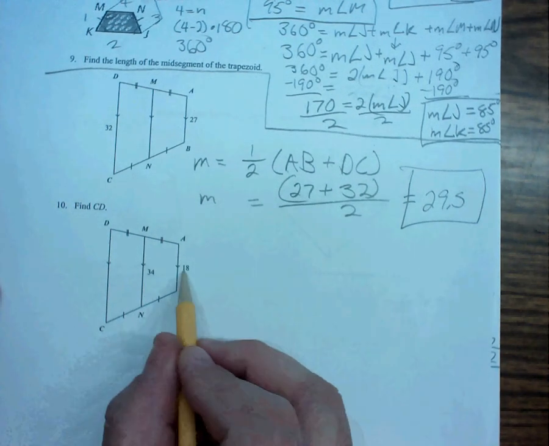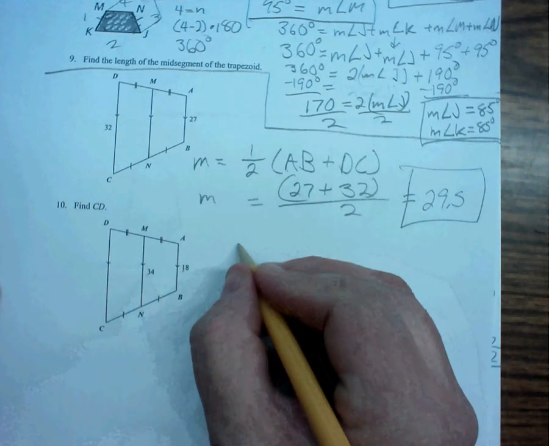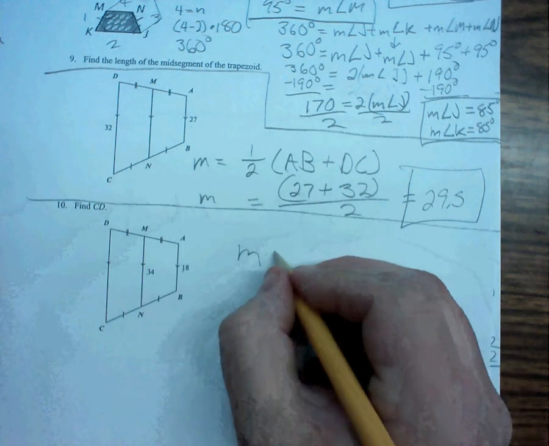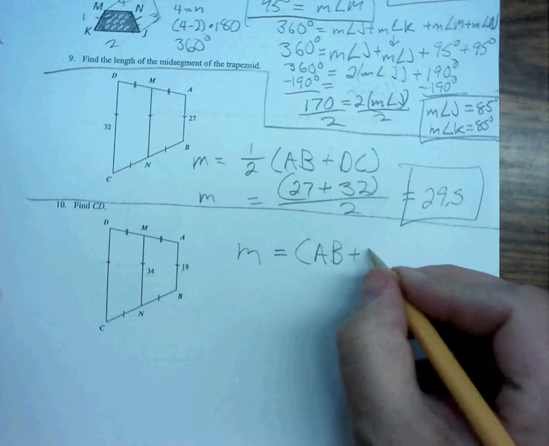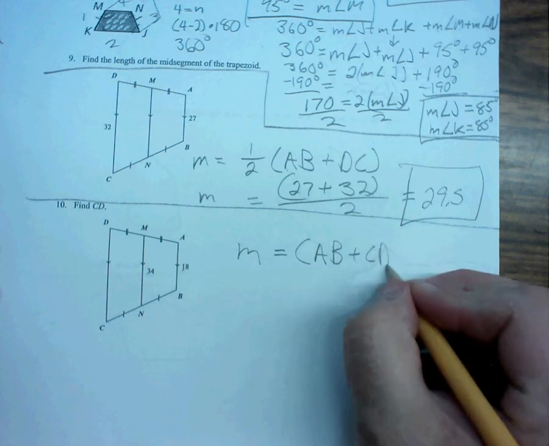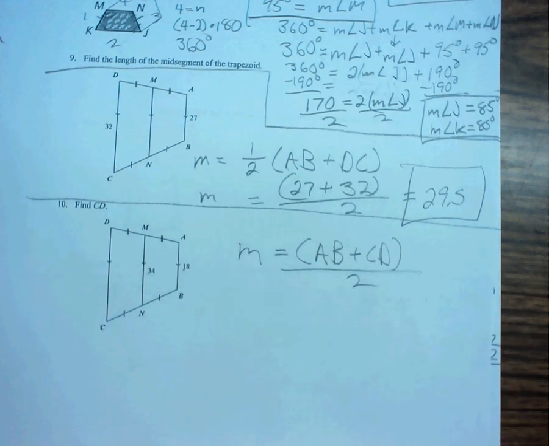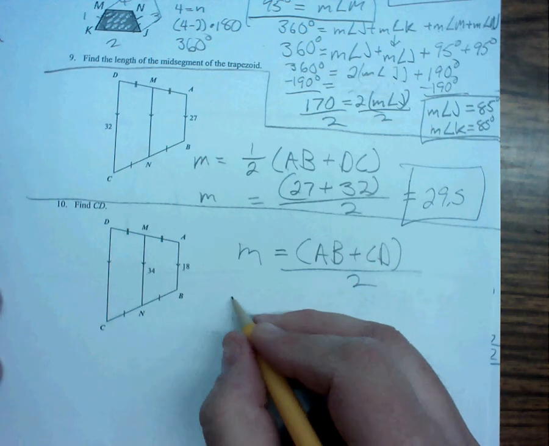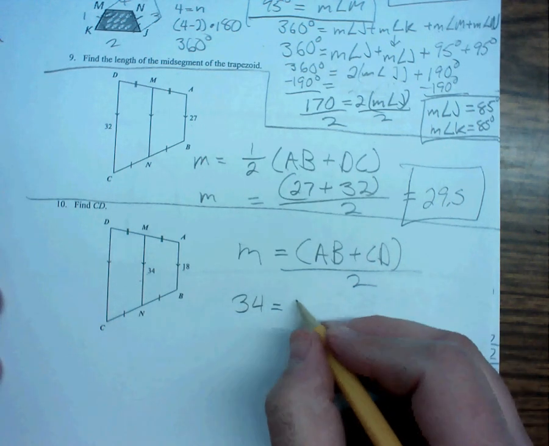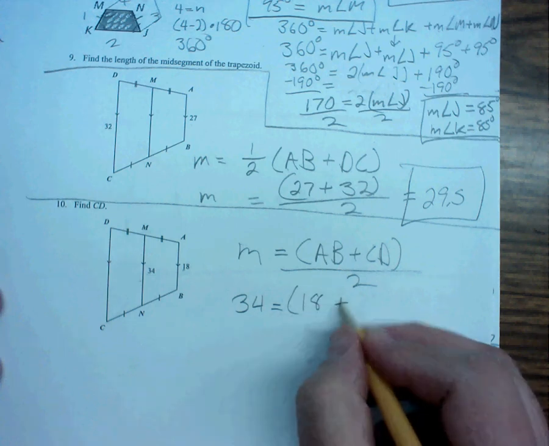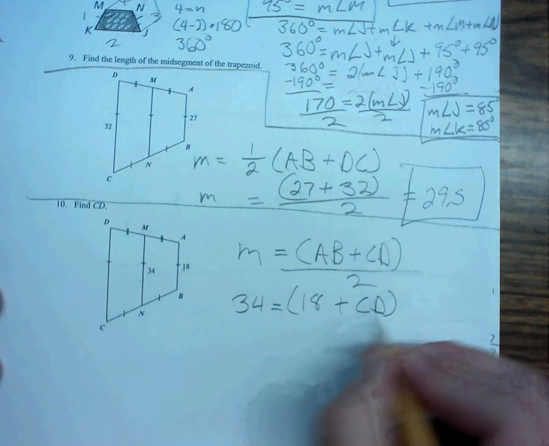Now, if I know that this is equal to 34, it's the same formula. I'm going to say M equals AB plus CD all over 2. But I know that the mid-segment 34 is equal to AB, which is 18, plus CD all over 2.